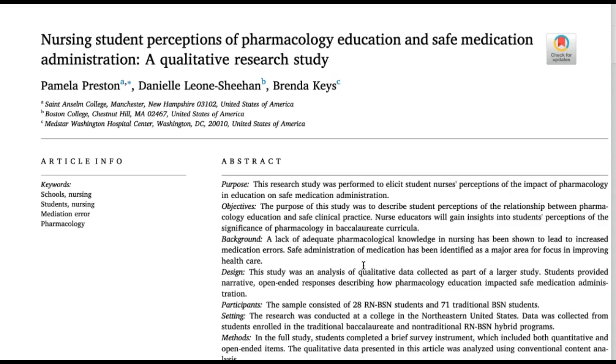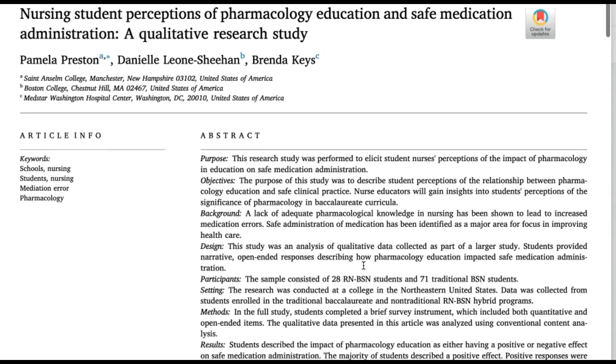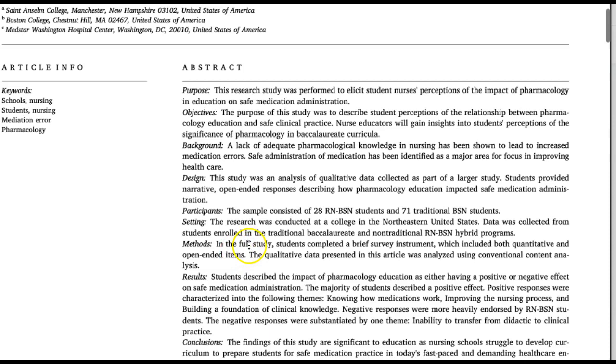That's the type of data that's being analyzed. And in this case, the students completed a brief survey instrument which included both quantitative and open-ended items. The qualitative data presented was analyzed using conventional content analysis.